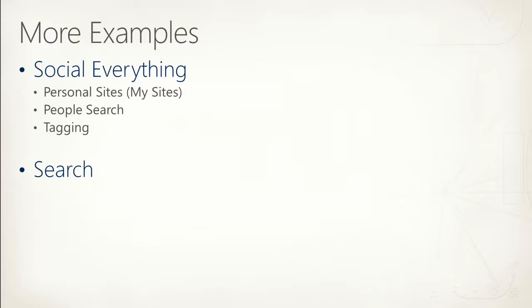So these are all different components, but all of them are collaborative, and these social capabilities are changing the way that companies collaborate in the organization. In another presentation I do, we talk a little bit about the business value of social. Social used to be just sort of a buzzword.